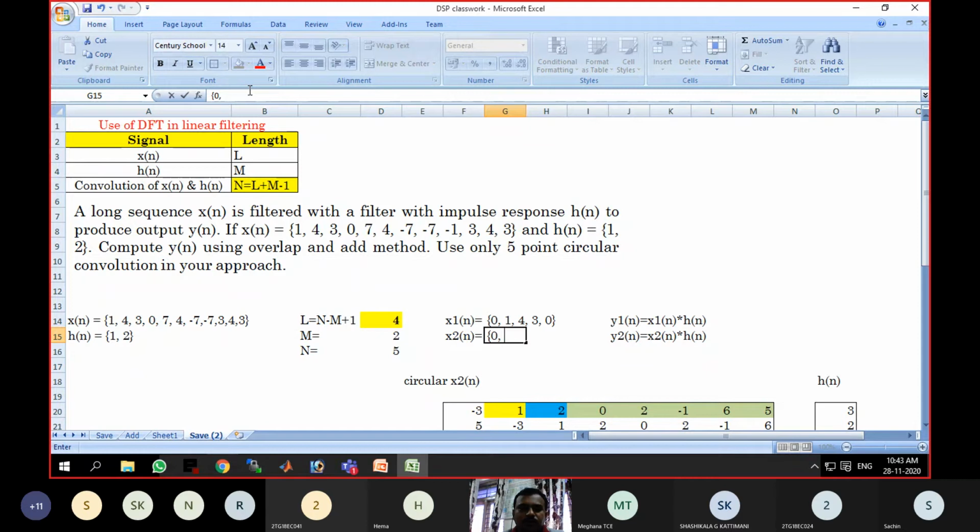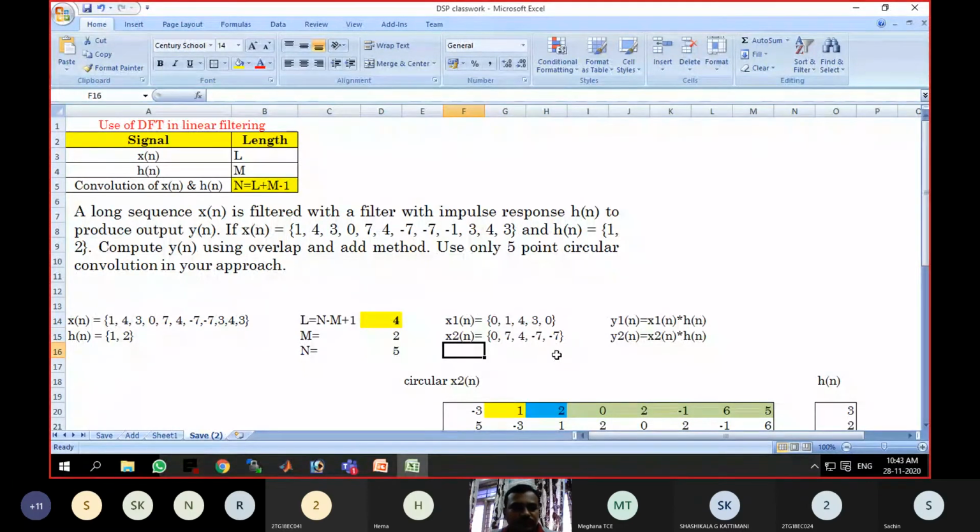Then the remaining L elements from x of n: 7, 4, -7, -7. These are the L elements from the original sequence and 1 element from the previous block.